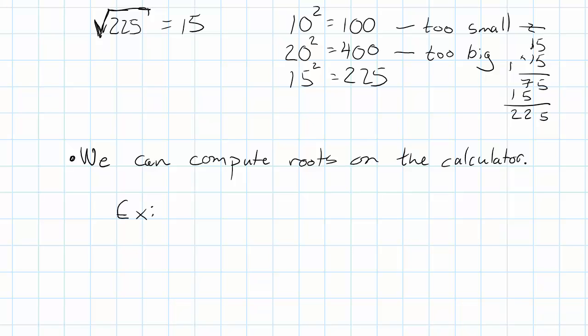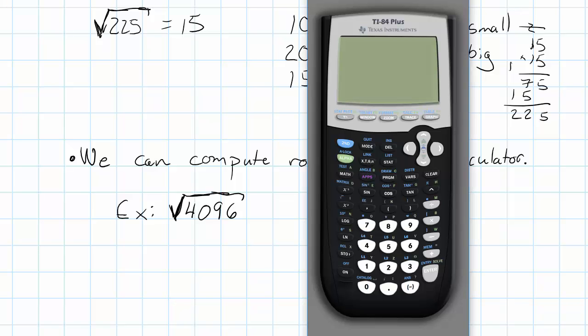The square root, let's say we want to compute the square root of 4096. Looking at the calculator, if we look closely at the x squared button, we see a little radical with no number right up above it. That's going to be our square root.